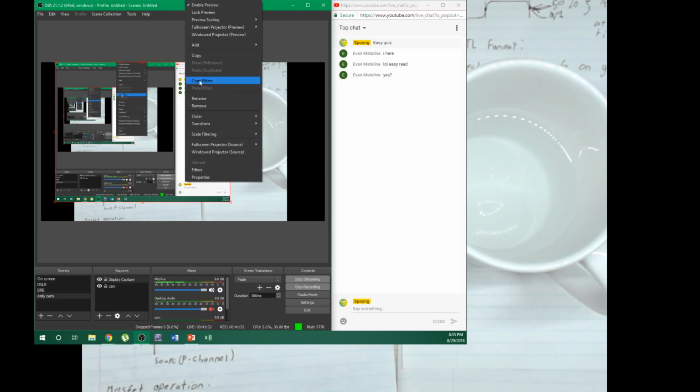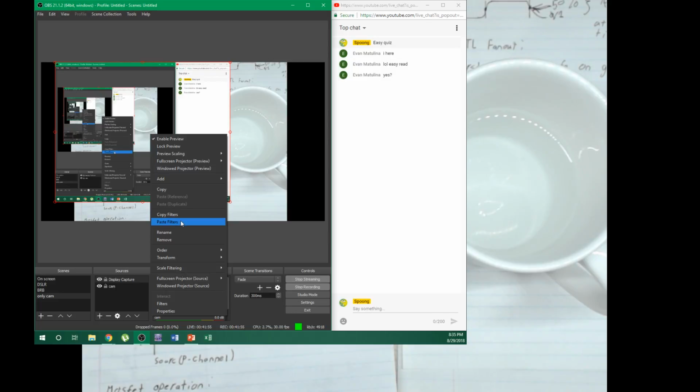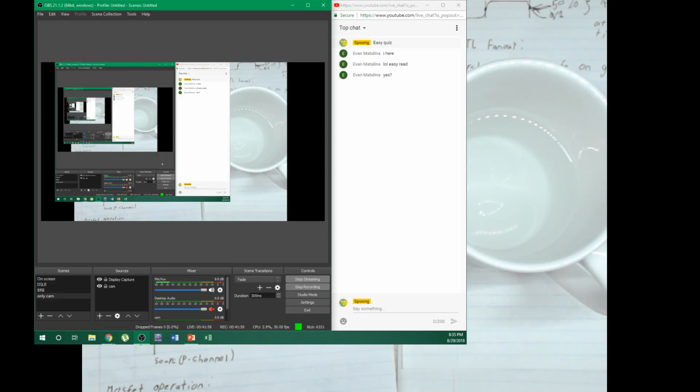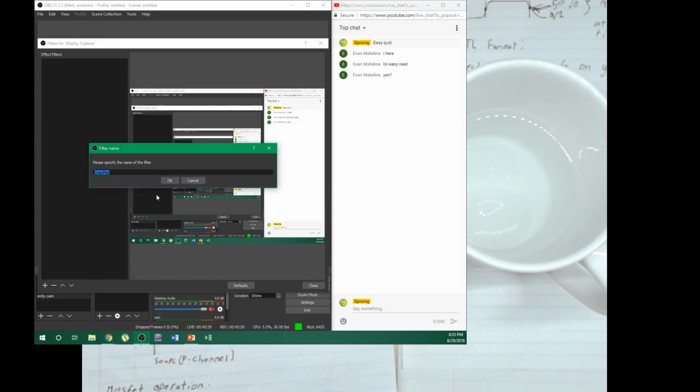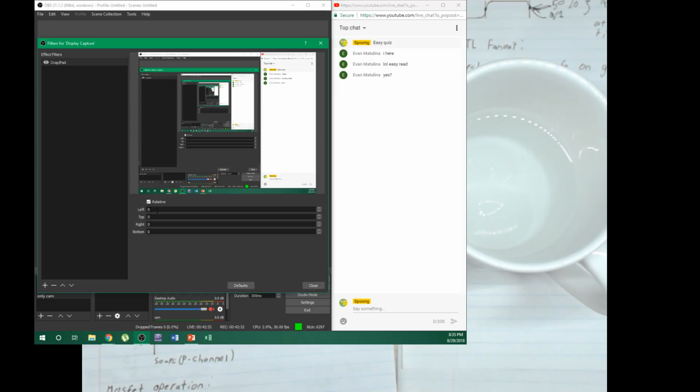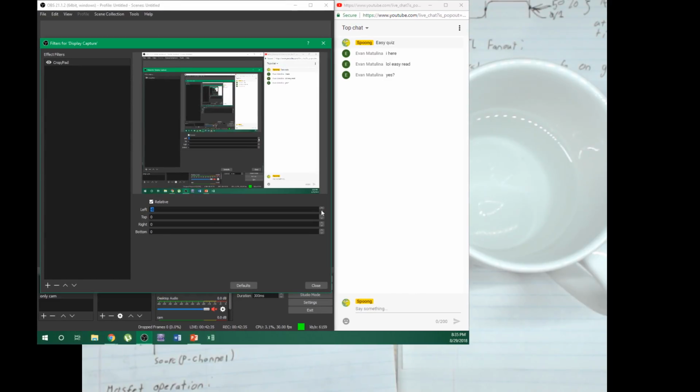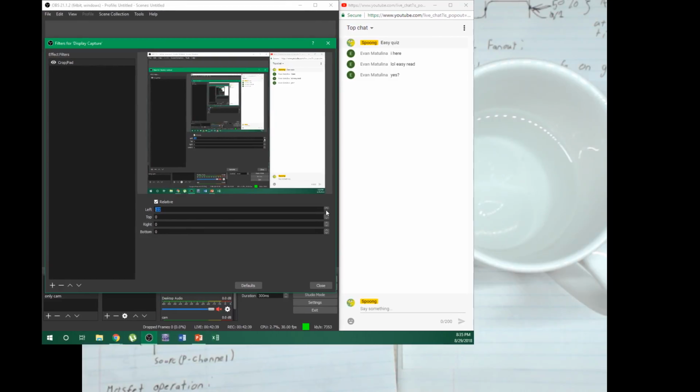Where's filter? Right click on source, filter, crop.